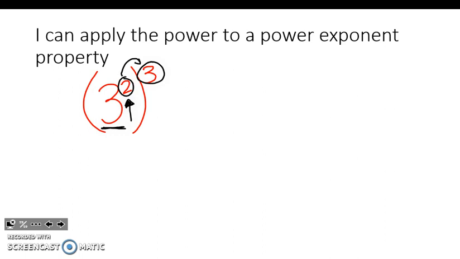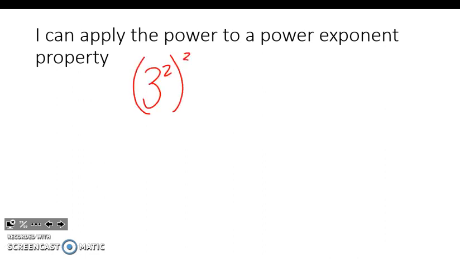So how to simplify this is you're going to do this problem exactly like distributive property. But instead of having a number on the outside that you have to distribute on the inside, you're going to distribute the exponent that's on the outside to every exponent that's on the inside.